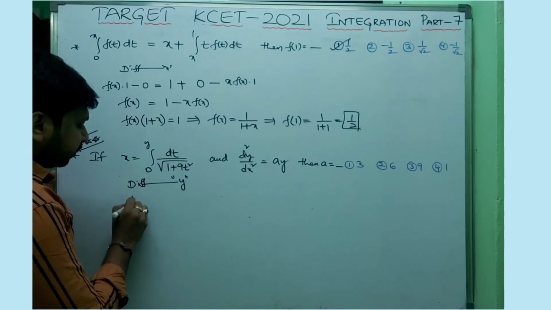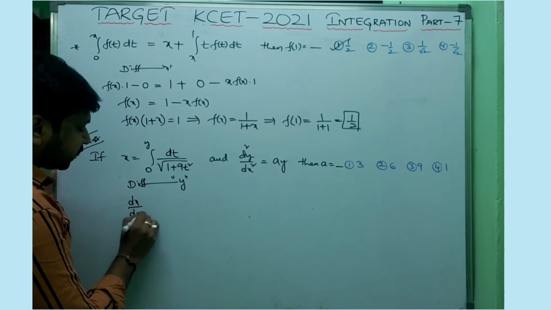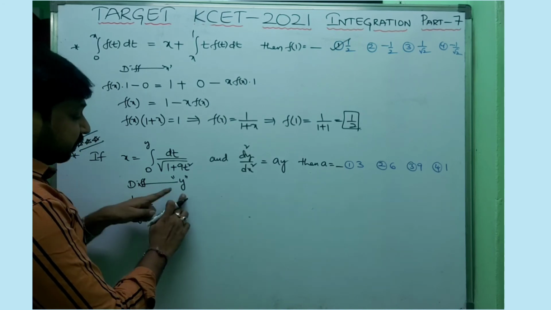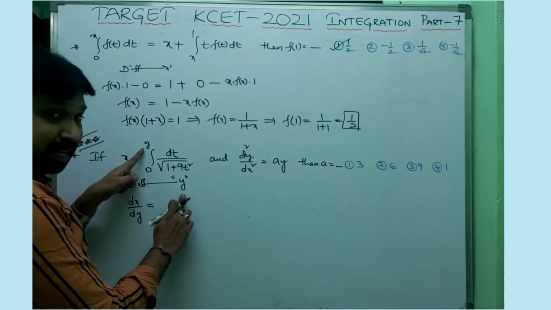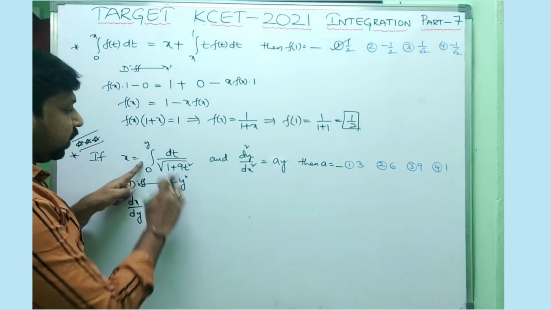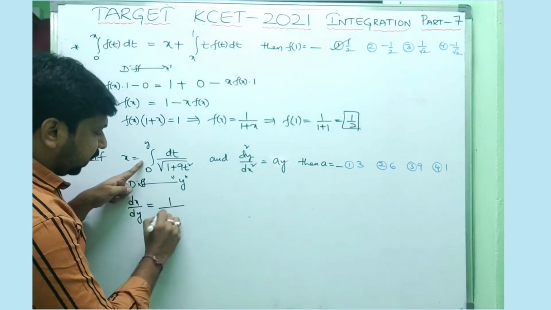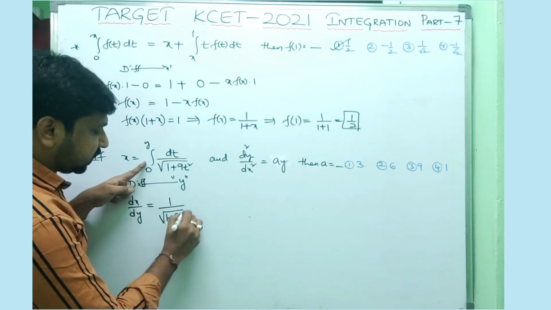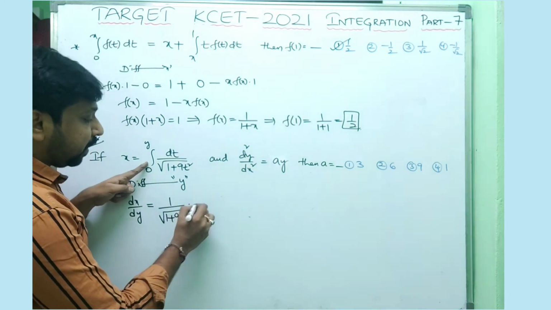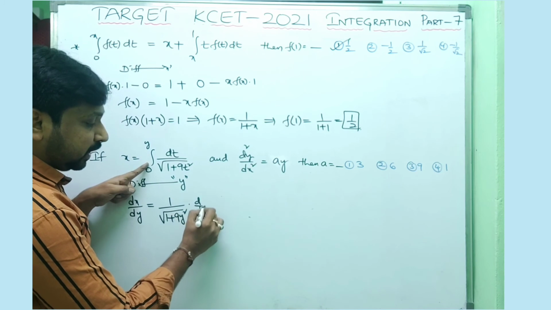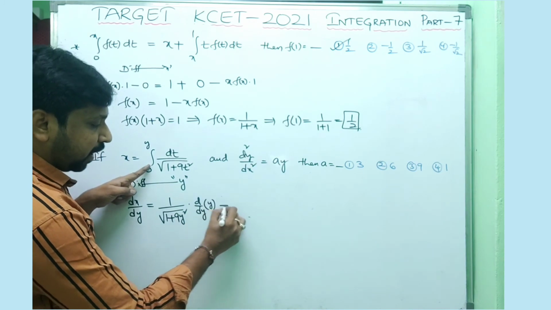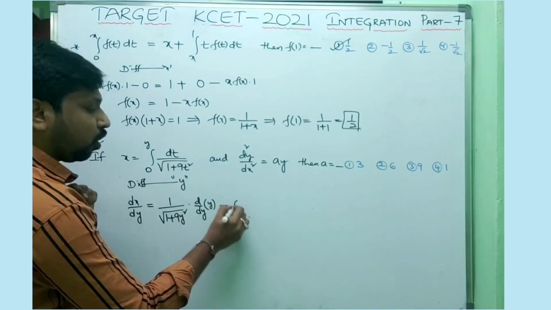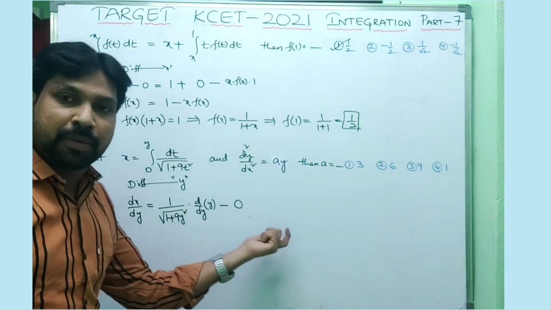If you differentiate with respect to y, you will get dx by dy, applying d by dy. Substitute the upper limit in root over 1 plus 9 y square into d by dy of y, minus the lower limit 0, which automatically gives 0 if you apply the derivative.